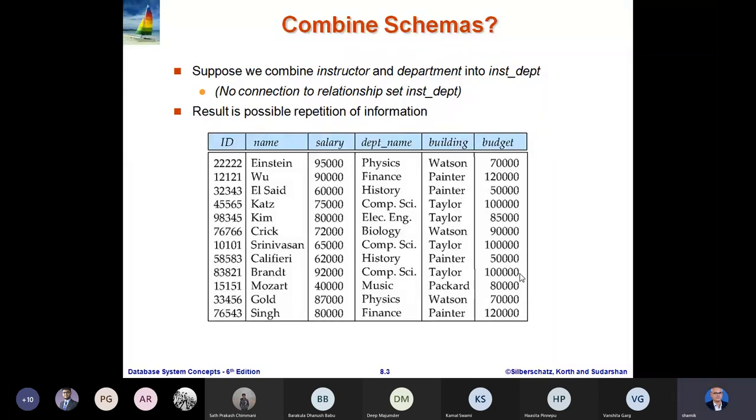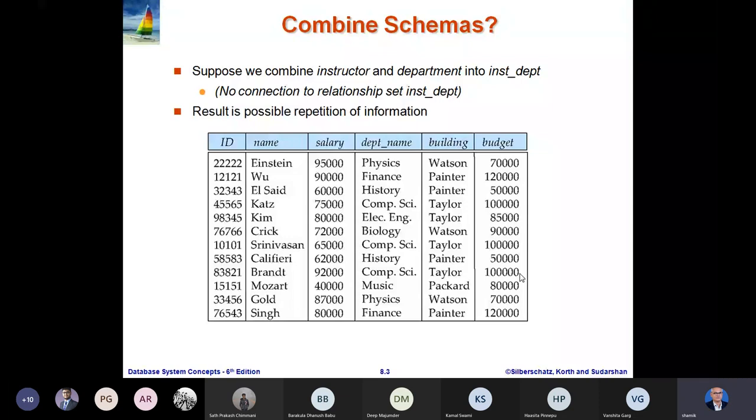Likewise, if there is a new department which has just been set up, and we have started recruiting people, so instructors are there in that department, but it has not yet been assigned a particular budget information here.